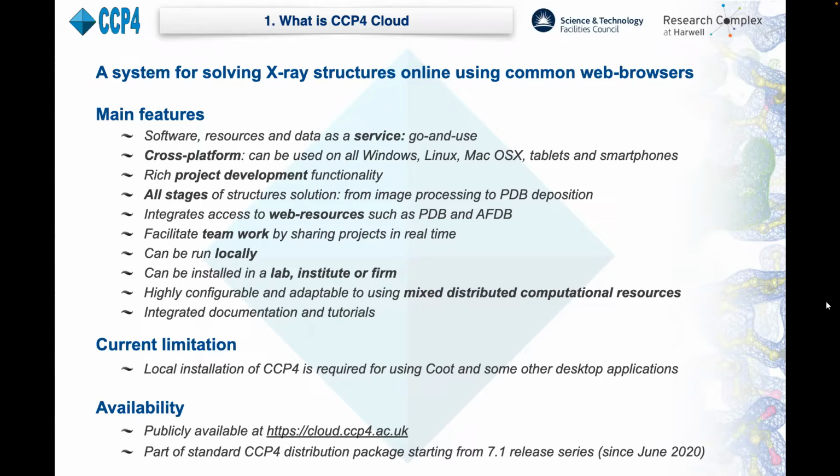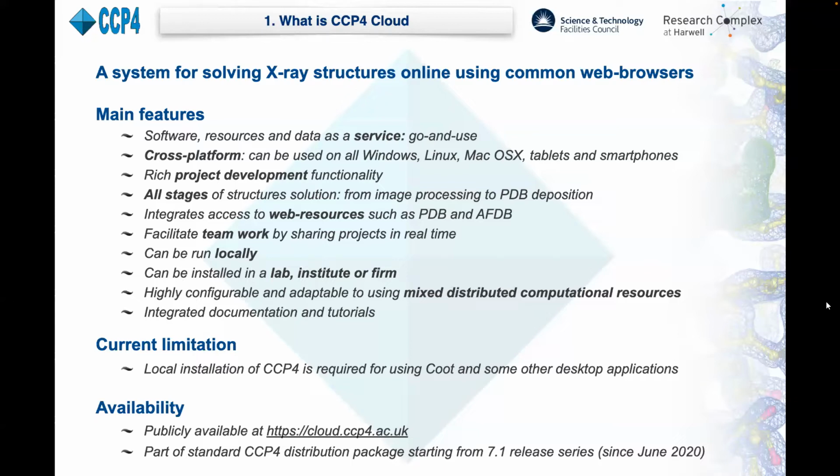Note that CCP4 Cloud can be used not just on laptops and PCs, but also on tablets and smartphones. The development has many specific features, such as integrated access to various web resources and project sharing, so it may be viewed like a crystallography Google Docs, if you like.